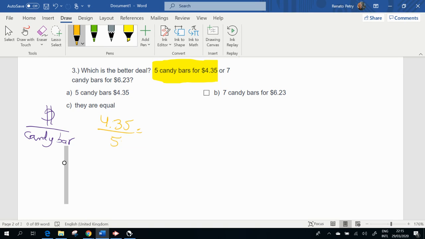Then I go to my beautiful calculator and I divide 4.35 by 5, and I get 0.87, which means 87 cents per candy bar.